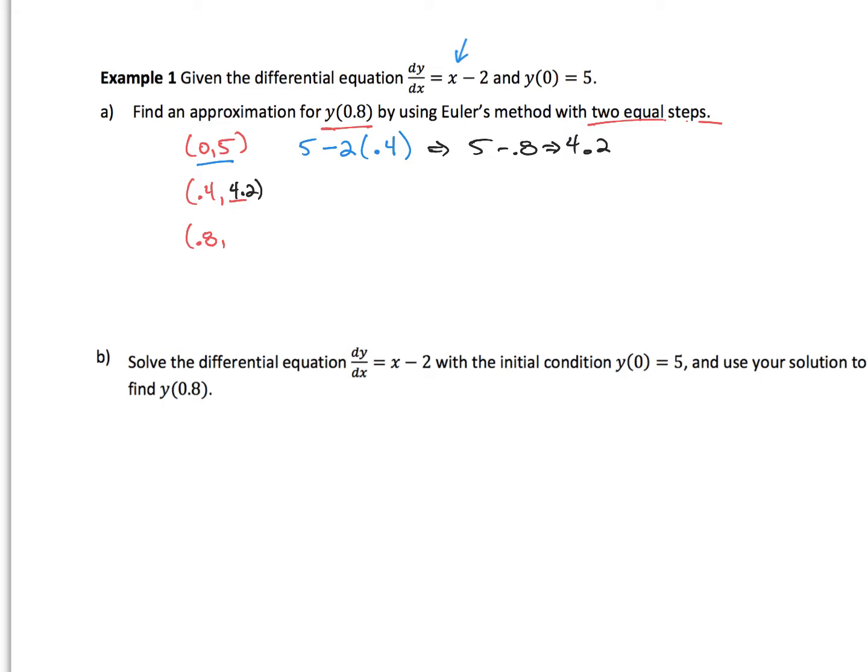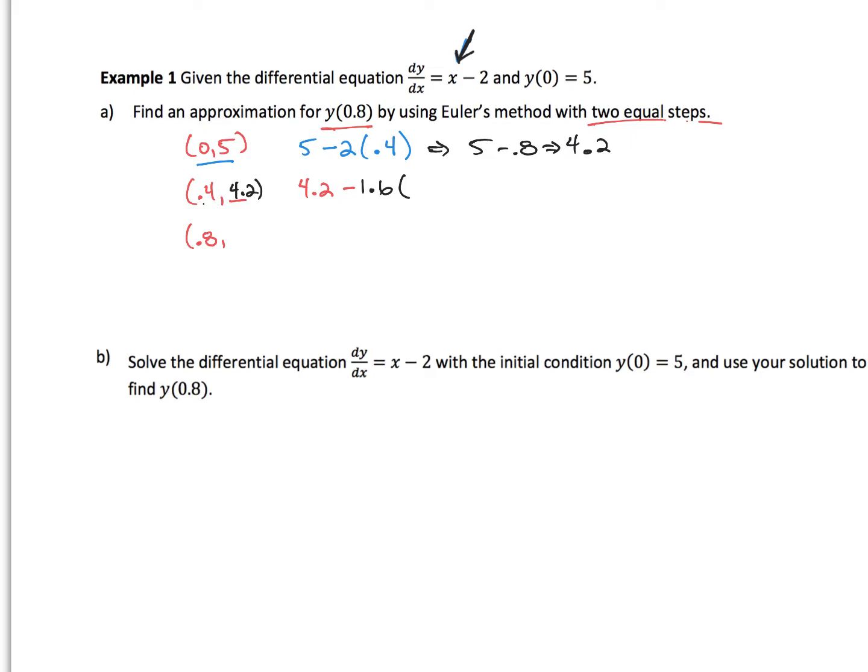All right. So now, where do I start? I start at 4.2. Now I need a new slope. So how do I substitute? What do I substitute in? 0.4. So now I'm substituting in 0.4 right there. So what is my slope now? Negative 1.6. So now I have a negative 1.6 slope.